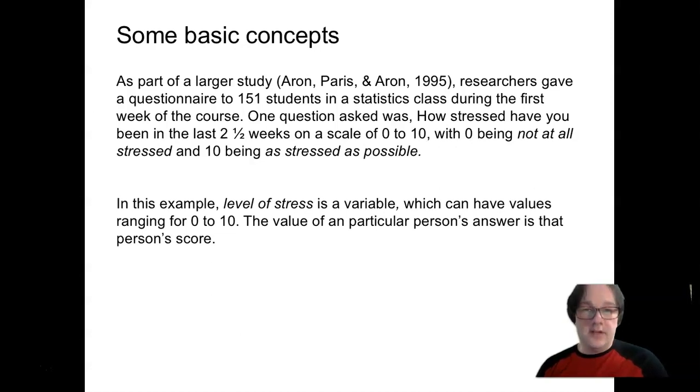So in this example, level of stress is a variable, right? So it's something that can change. So variables are things that have values that are changeable, that can change, right? So in our example, this is a variable which has values ranging from 0 to 10.